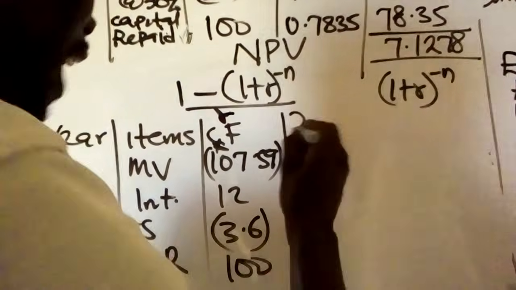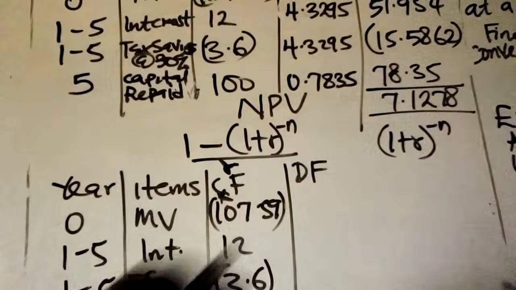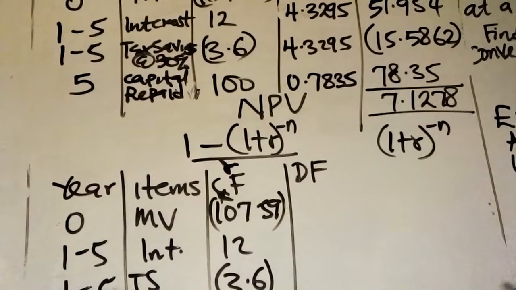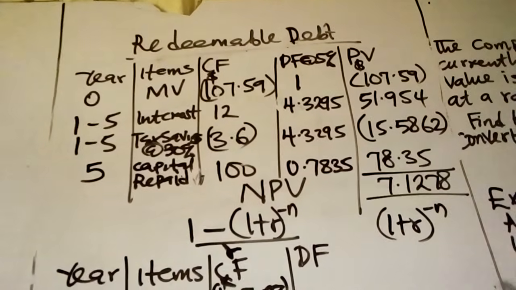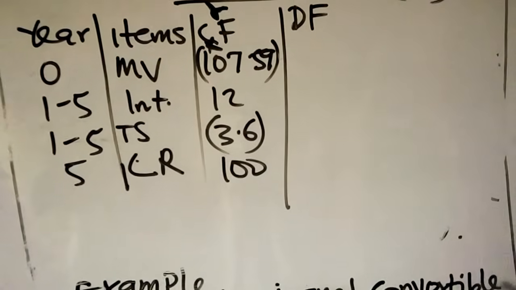So now let's try another discount factor. Since our first NPV is positive, to get a negative one, you use a rate that is higher than the initial rate. And the rate we used for the first one was 5%. So now let's try 10%.